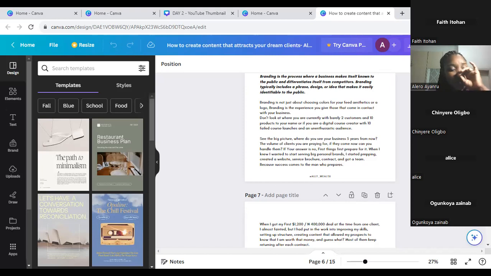Even if they don't buy, at least somebody has learned something from you: how to take care of your wig, how to keep it so that it will not go bad, and products to avoid. So that's why I said in creating content, you have to know who your target audience is, so that you know their problems and you can create content that addresses their problems.